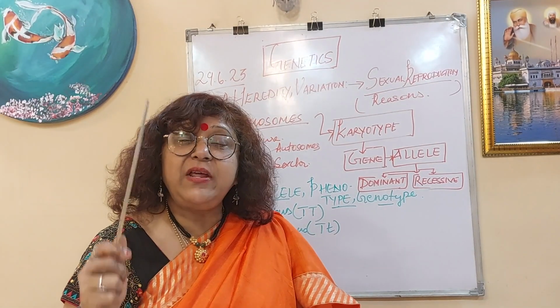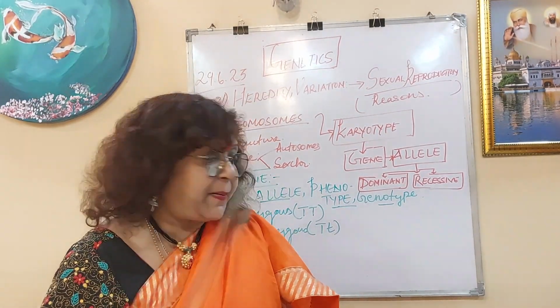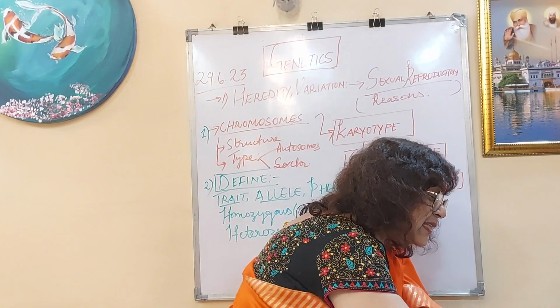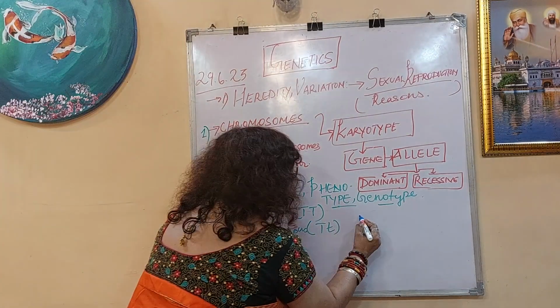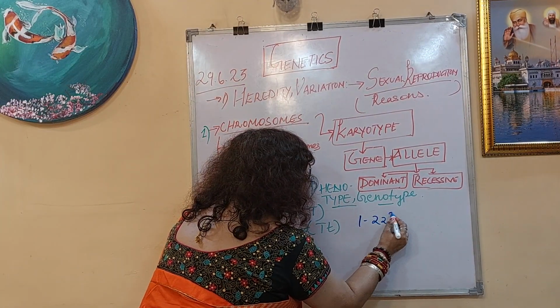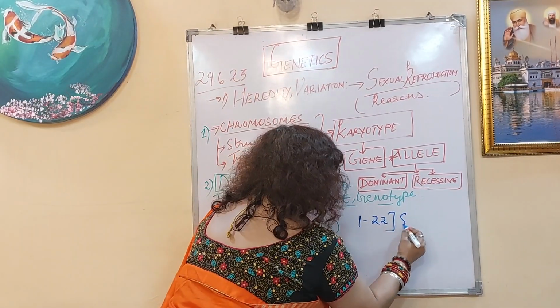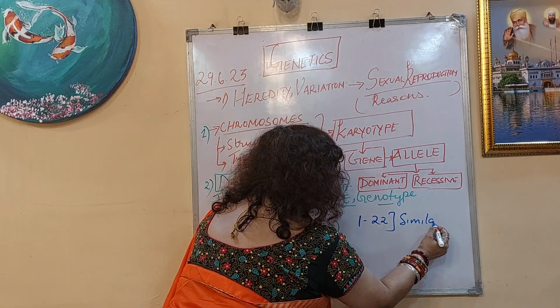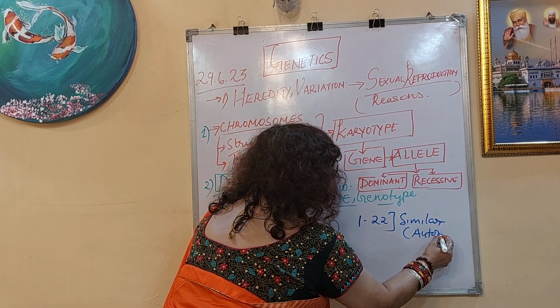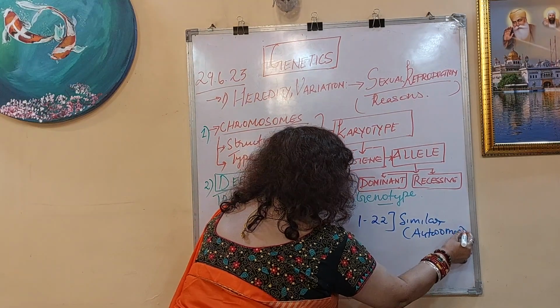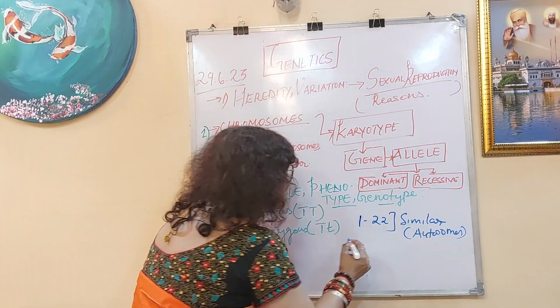In these 23 pairs, it is the rule that 1 to 22 are similar, and they are called autosomes.